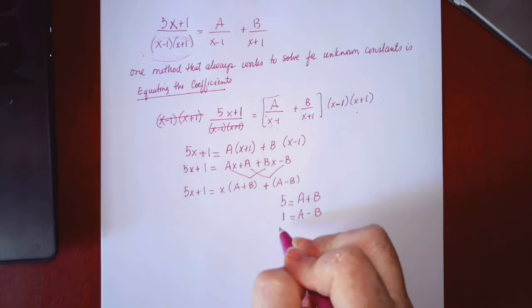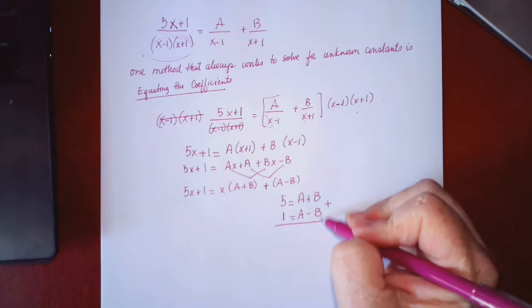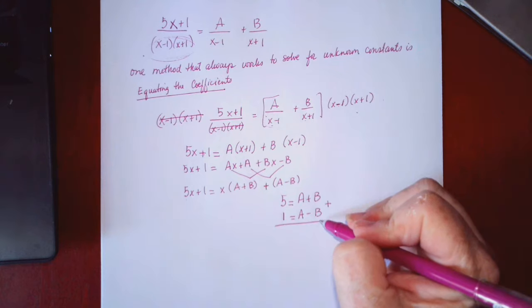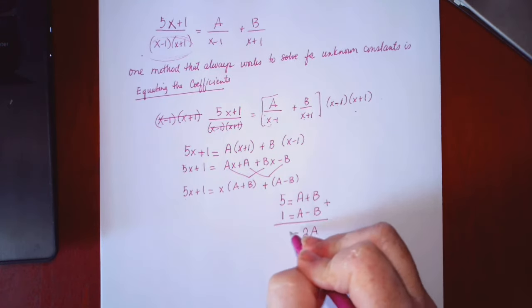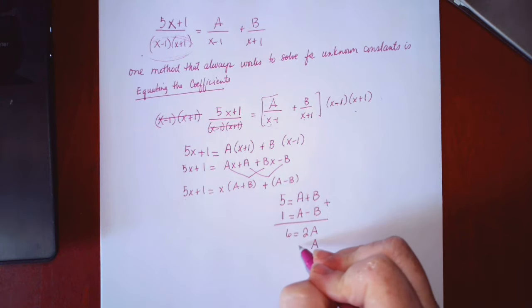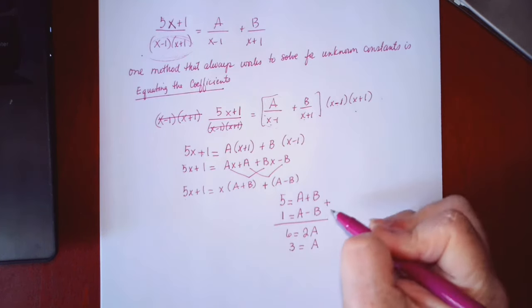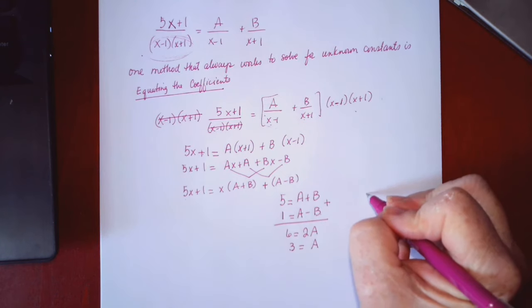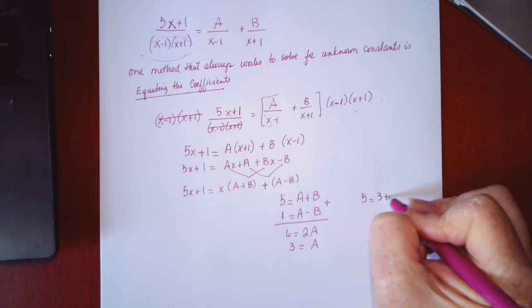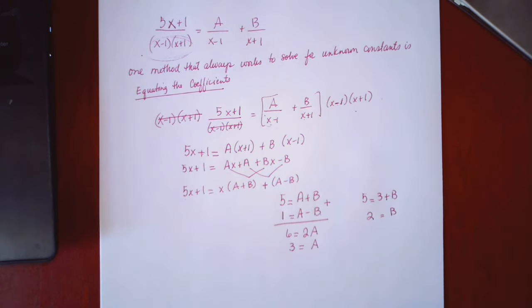For this one, I personally would probably just add those 2 equations together, because when I do that, the b's would add out and I would have 2a equals 6, or a is equal to 3. If I know a is equal to 3, to find b, I'm just going to plug it back into one of the 2 originals. And I would get b is equal to 2.